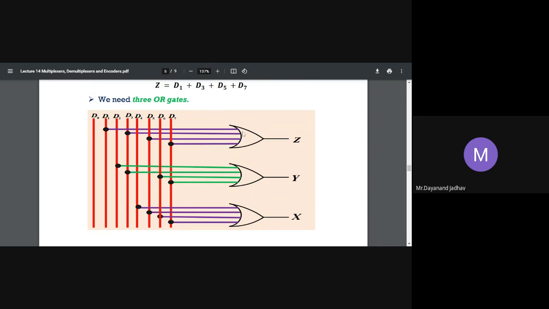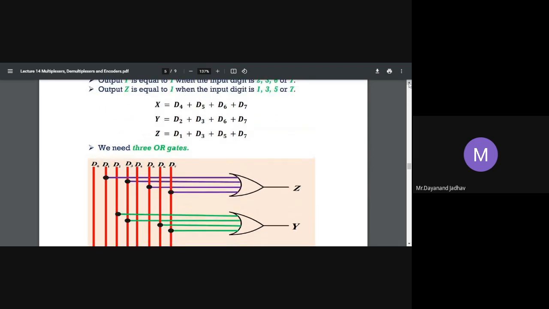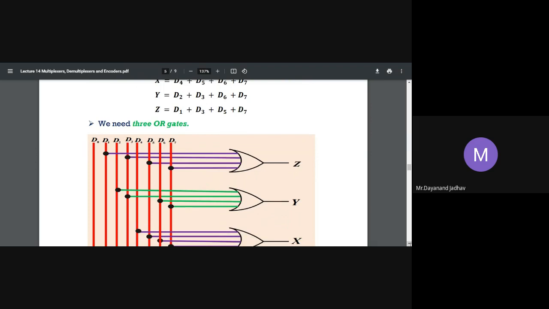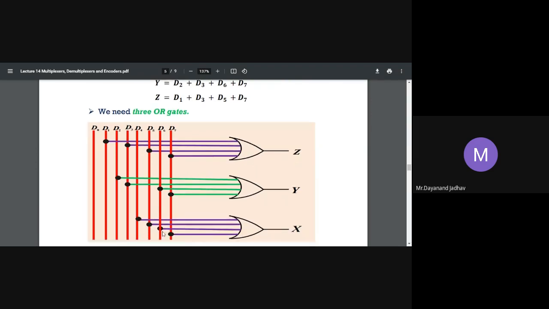Here Z is equal to D1, D3, D5, D7; these are to be connected. Then Y is D2, D3, D6, D7, and X is D4, D5, D6, D7.